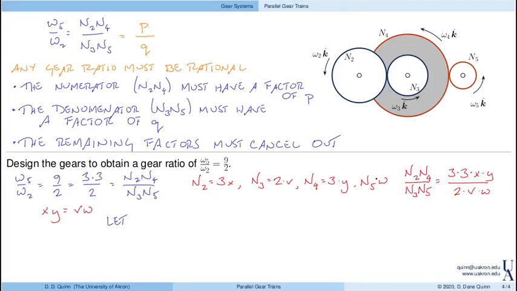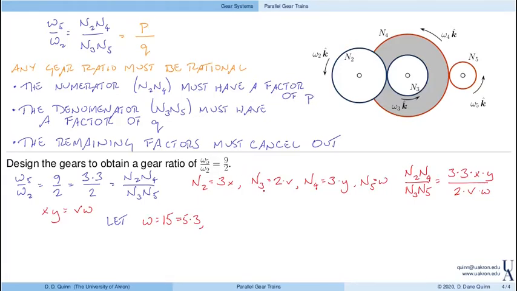N5 is equal to w, right? So let's say that, well, in this case, w is the number of teeth on gear 5, right? So let w be equal to 15, right? Which is actually equal to 5 times 3. And here, v is related to the number of teeth on gear 3, right?